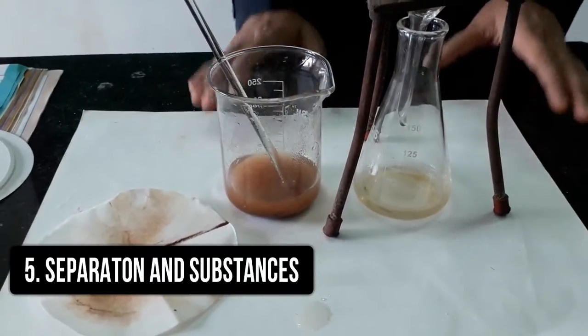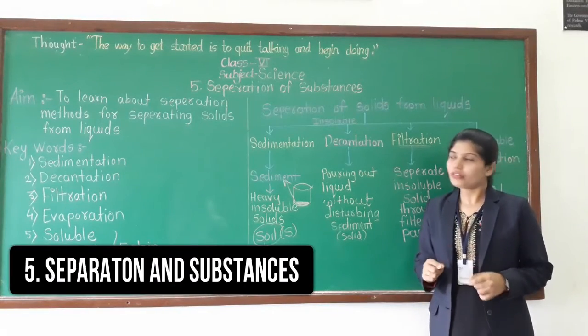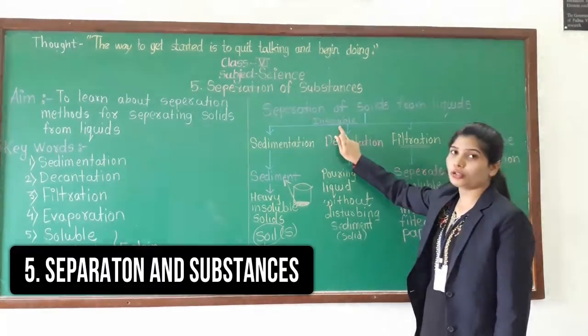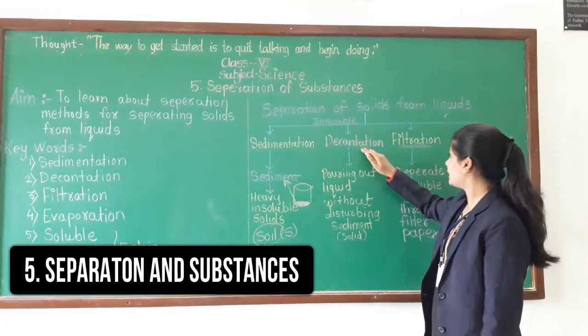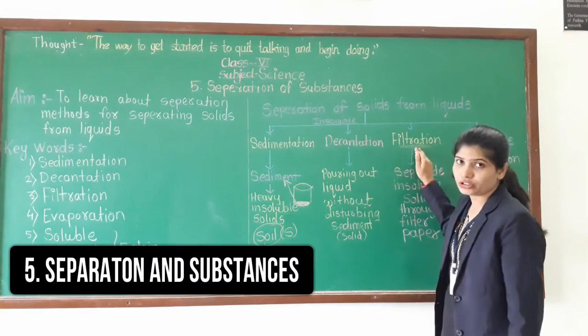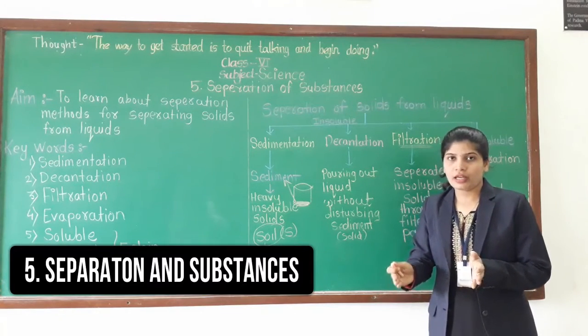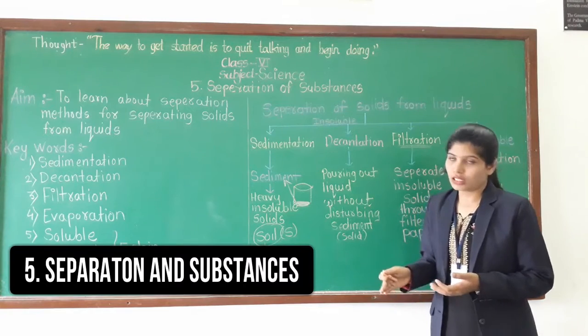Now we will go towards our theory part. Here we have completed the separation methods of insoluble solids. We have learned that in sedimentation, decantation and filtration, insoluble solids are removed. We are separating the heavy insoluble solids.